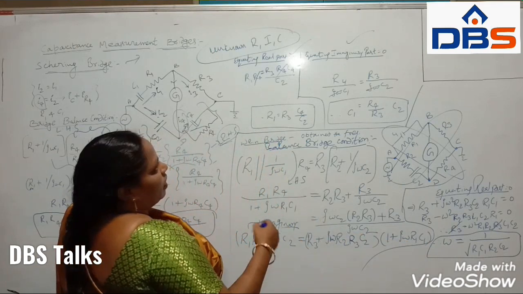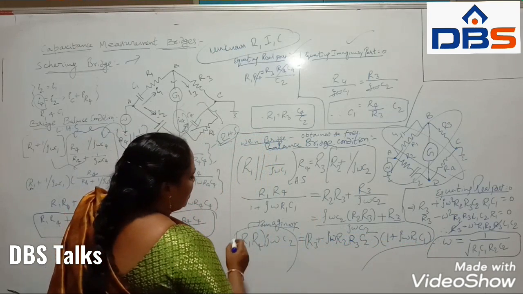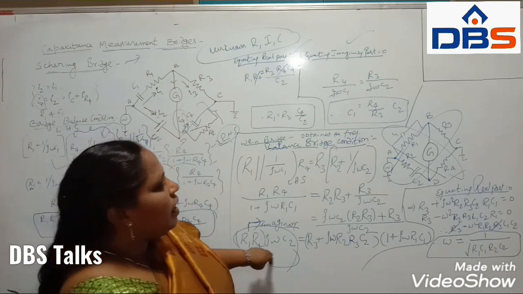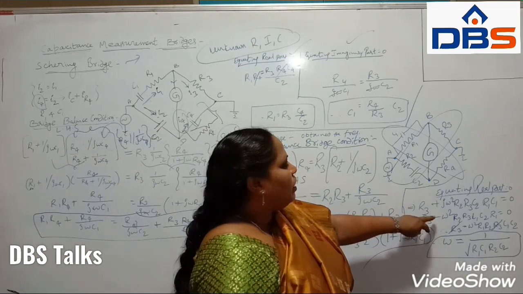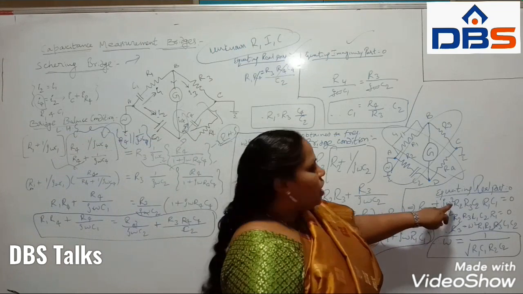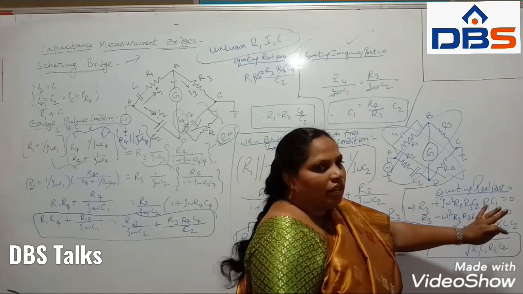Equating the real part and the imaginary part, the real part will be equal to 0. From this, R3 plus j omega square R2 R3 C1 C2 R1 will be equal to 0.